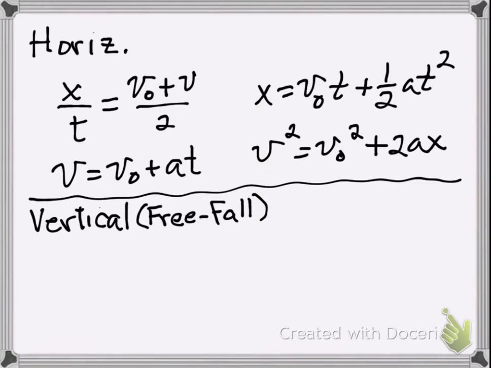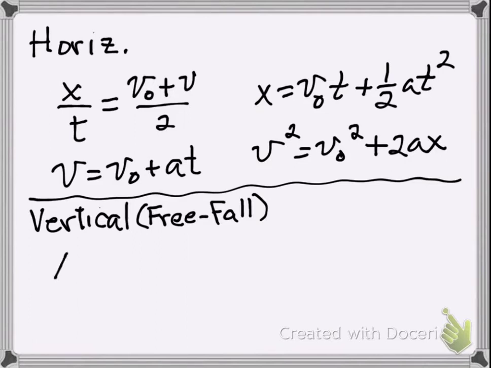Also, we know that objects engaged in free fall have an acceleration which we already know, which is 9.8 meters per second squared. We use the symbol g to represent it.